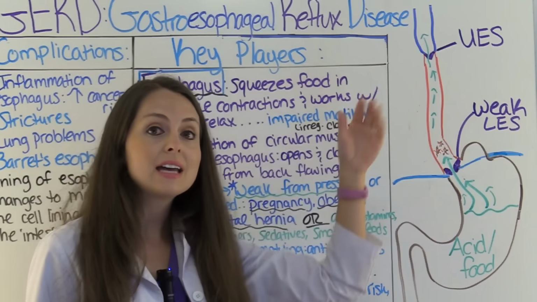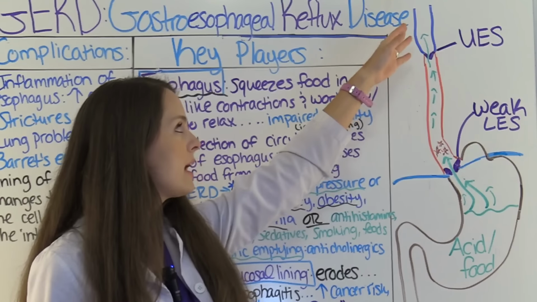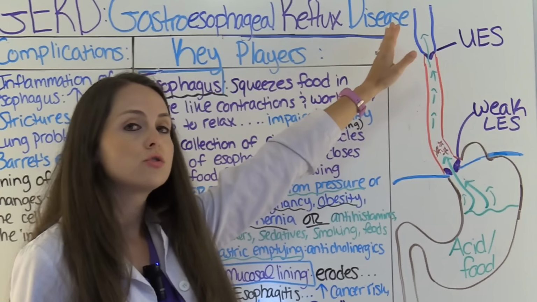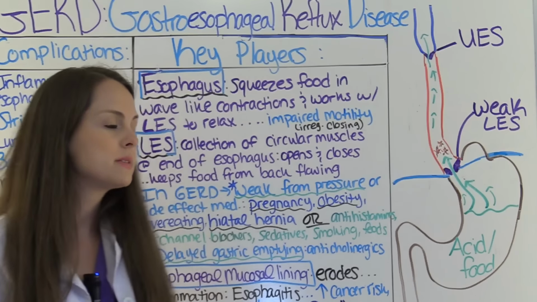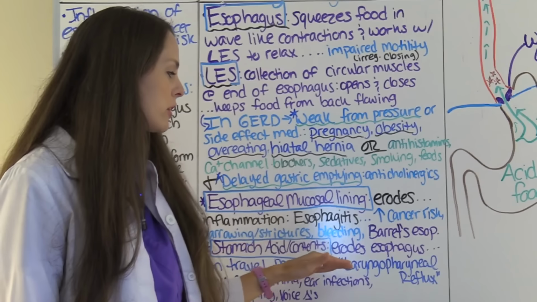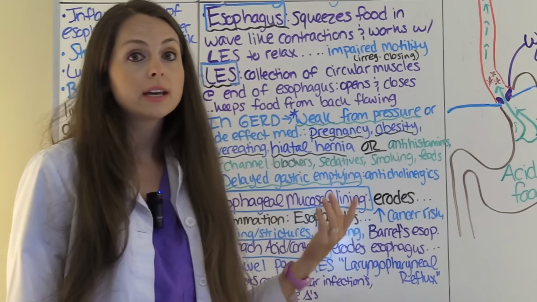What's past that is your pharynx, up to your ear canals, and a little bit in front of your pharynx is your respiratory system. So that acid can really get in there and cause some problems. Whenever it does that, it's referred to as laryngopharyngeal reflux, and GERD can lead to this.